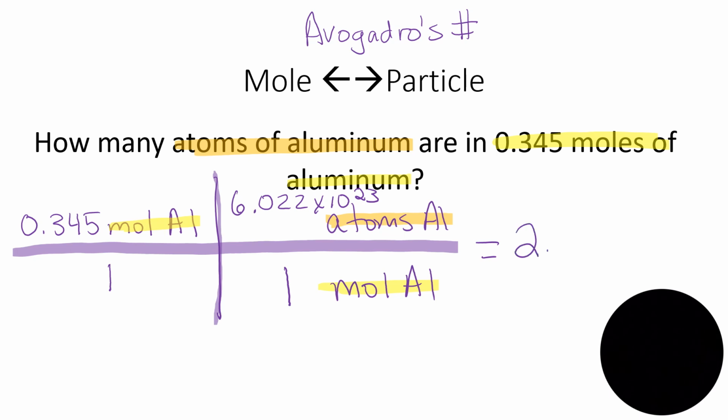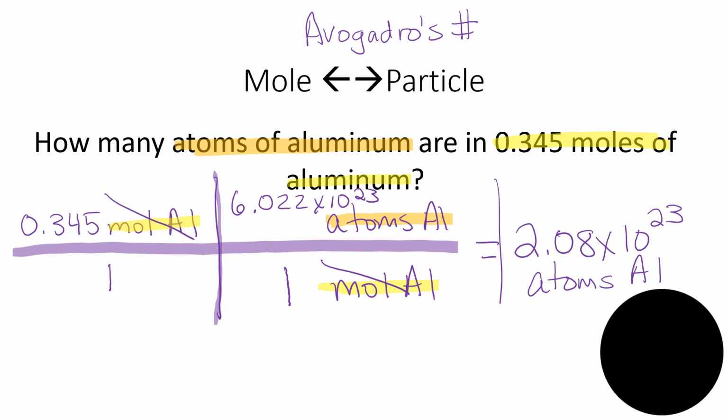So it would be 2.08 times 10 to the 23rd. These units cancel, and I'm left with atoms of aluminum.